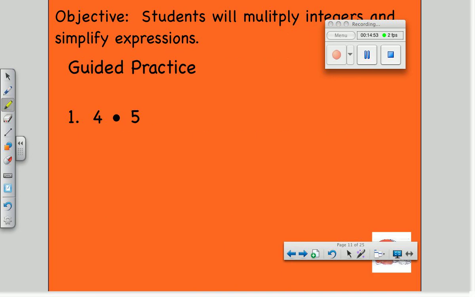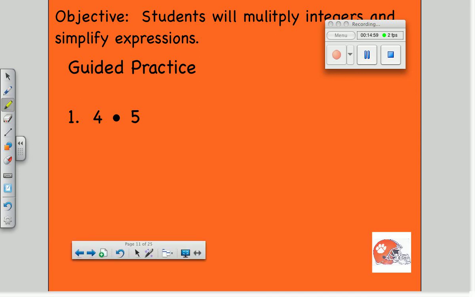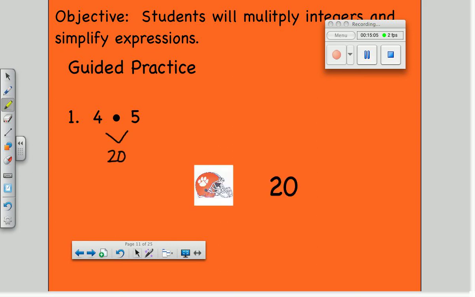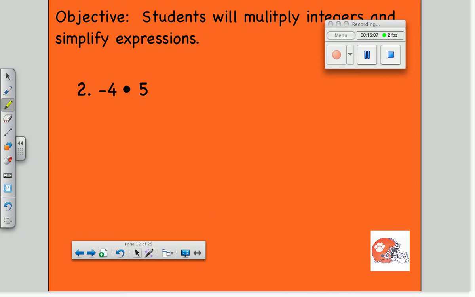Guided practice. 4 times 5. Positive times positive. Love to love. That's good. So it's positive and it's 20. Hate to love. That's bad. And 4 times 5 is 20.